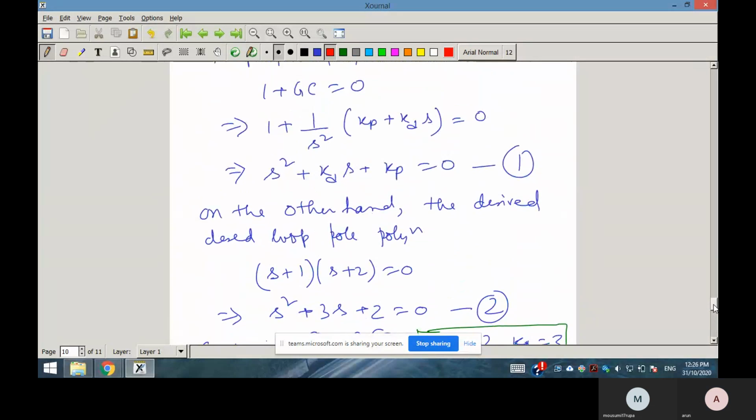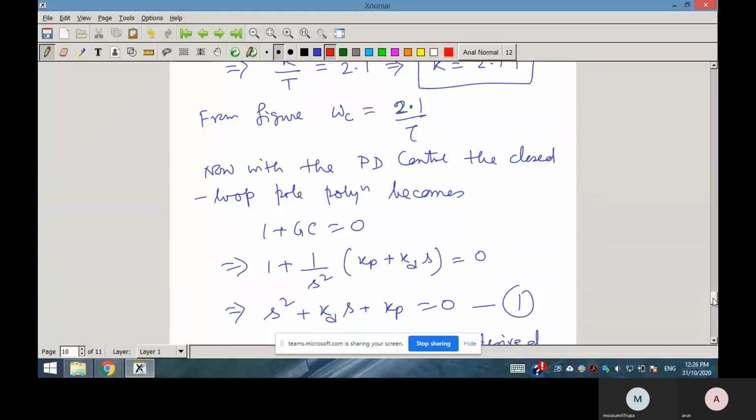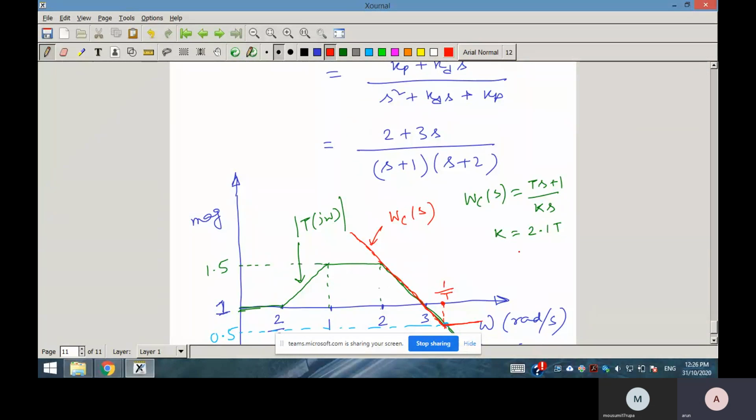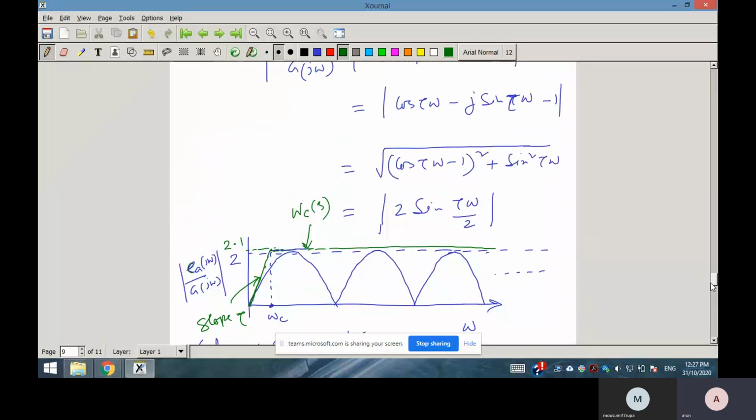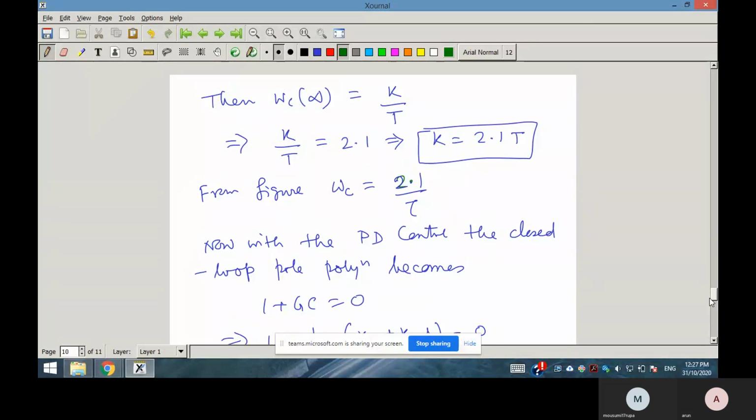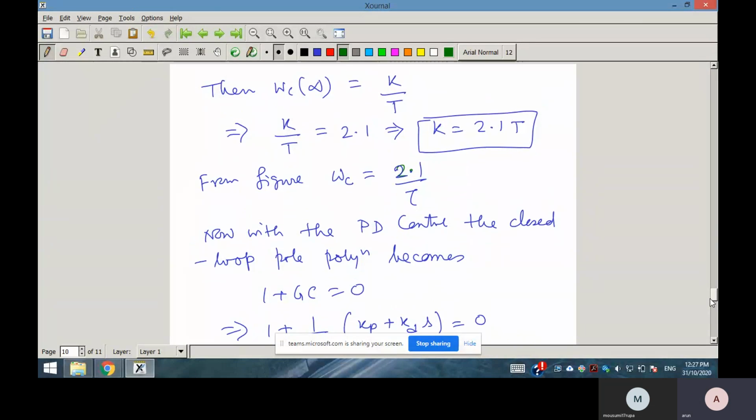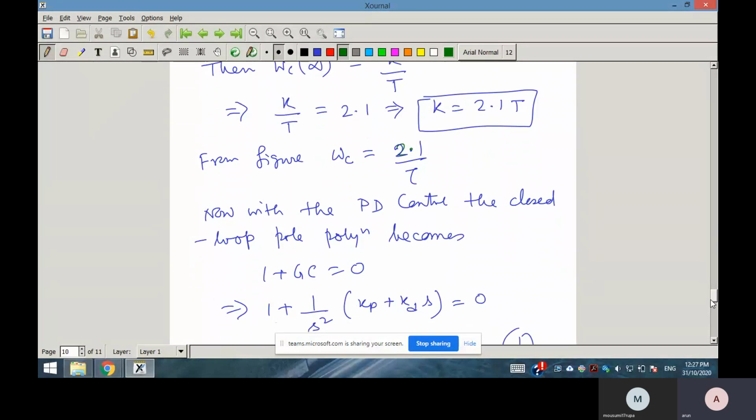So what is t? Okay, 1 by t, or t equal to again 1 by omega c, that is equal to 2.1 by omega c.